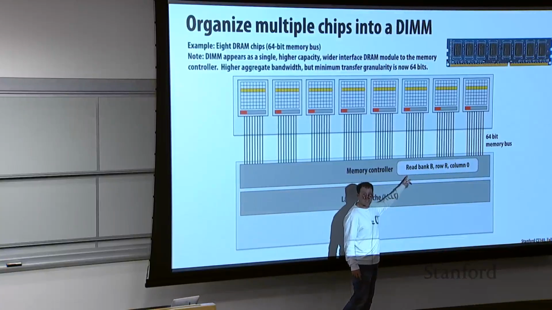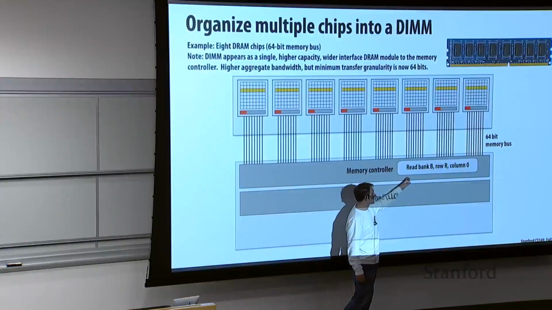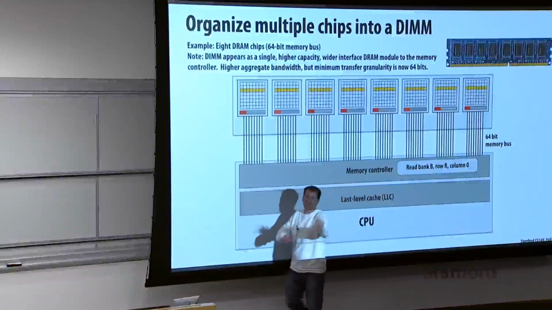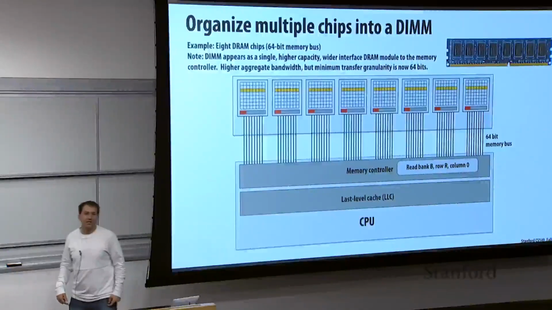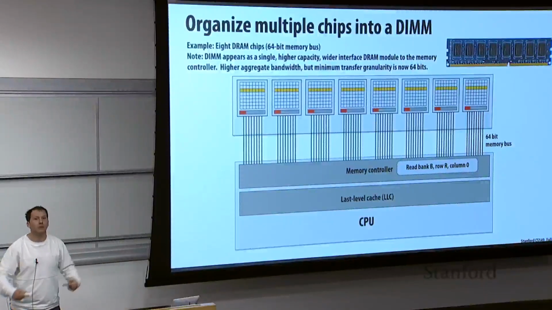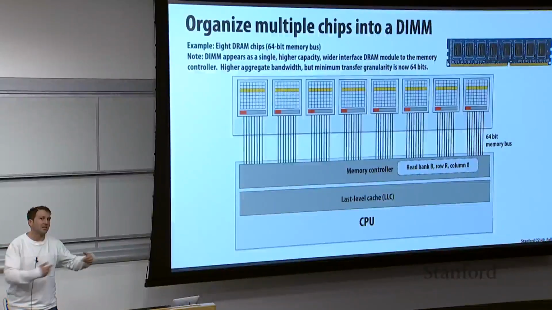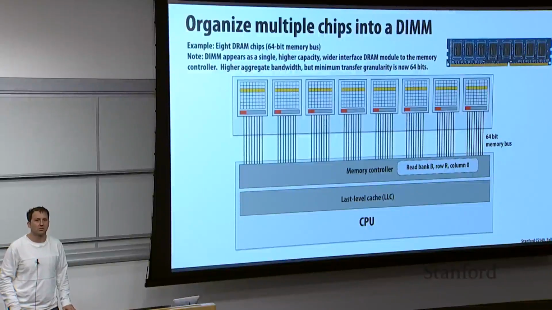So let's say it starts getting started on that command immediately, just for simplicity. In the next clock, it'll start pre-charging bank B+1 or something like that, right? Because the next command will say, I want the data at bank B+1, right? So the memory controller is going to give the memory system requests in a manner that, based on its knowledge of how memory works, it can satisfy those requests as quickly as possible.